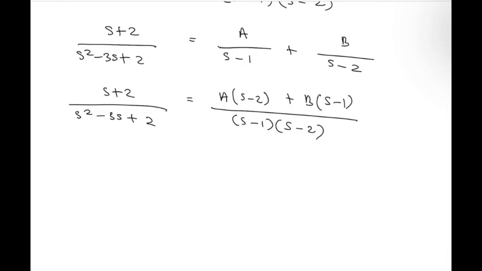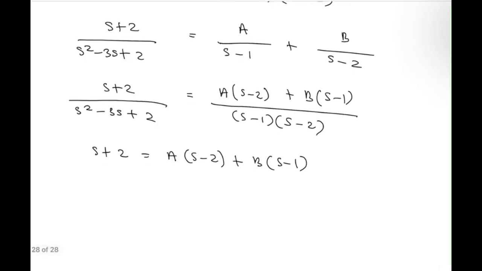So because both numerators are equal, hence we can say that this one and this one are equal. So s plus 2 is equal to A times s minus 2 plus B times s minus 1.